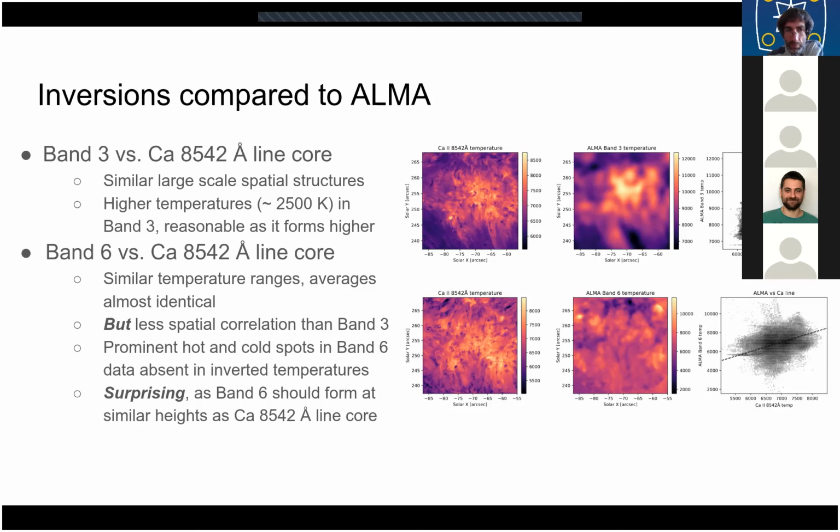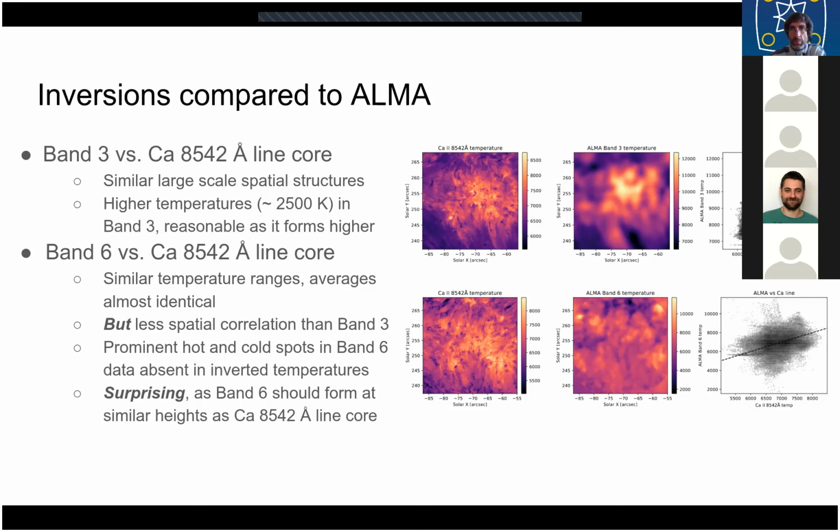so there's still a lot of extra free electrons boosting the opacity, that can really throw things off, and especially with band 6, which forms at sort of a similar height range, the code ends up fighting with itself and making a very difficult to interpret mess.